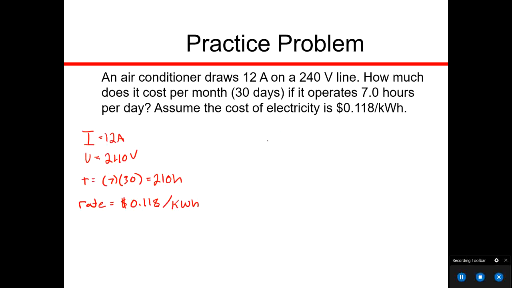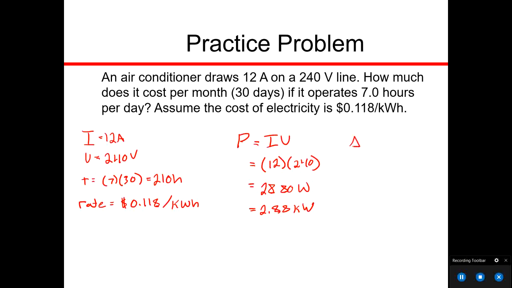So we can start this. We're going to need to find energy, but to find energy we need power. So our total power of the system, again, we're not calculating power lost, we're looking at how much is used. It's going to be current times voltage. 12 times 240 gives us a power of 2,880 watts, or 2.88 kilowatts.